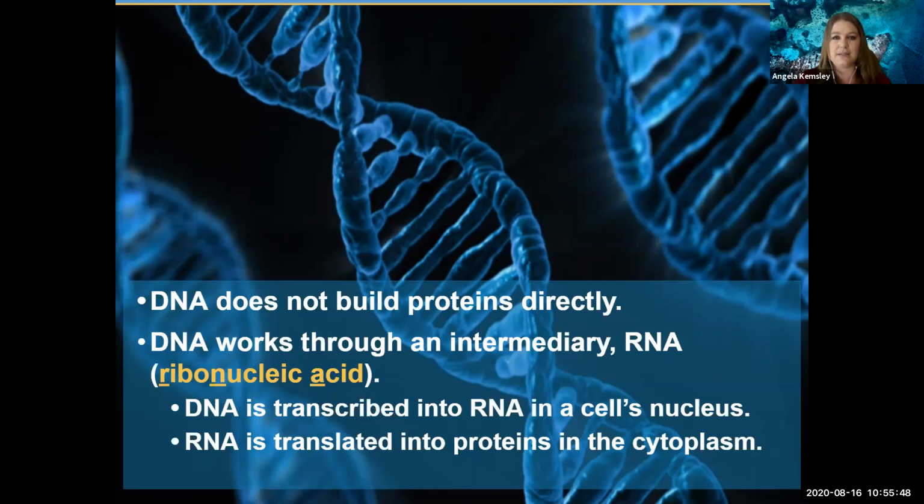So DNA is transcribed into RNA in the nucleus. That specific type of RNA then leaves the nucleus, it goes into the cytoplasm, and is translated into proteins. DNA is transcribed into RNA, RNA is translated into proteins. That's the part I want you to get right now. We will talk about how this happens in future lectures.